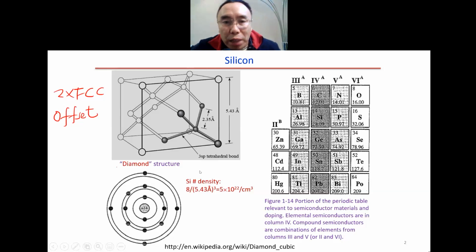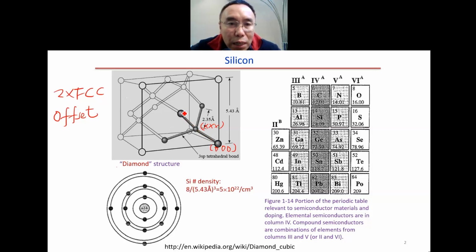So actually we can calculate: what's the coordinate for this atom? We can assume the corner atom to have coordinate 0, 0, 0. The other atom is along the diagonal direction, so we can say its coordinate is x, x, x. Now the distance from here to here is the same as the distance from here to here.